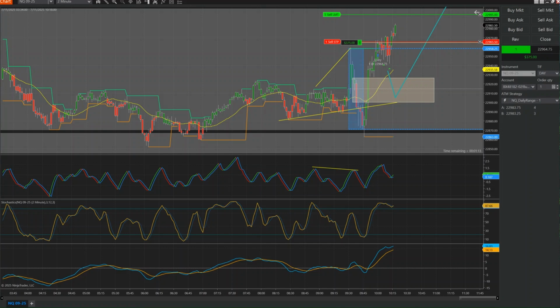Guys, my take profit was right at the top, just before the very last end of that 15-minute fair value gap. I trusted that price was gonna try and fully invert the fair value gap, so I didn't want to go at the very top. I just put my take profit just below the top and waited.